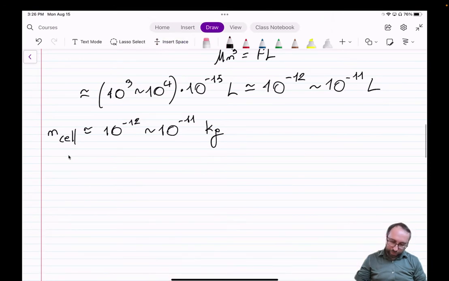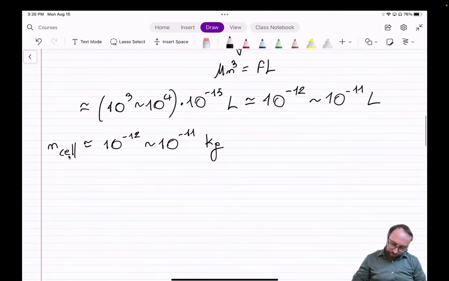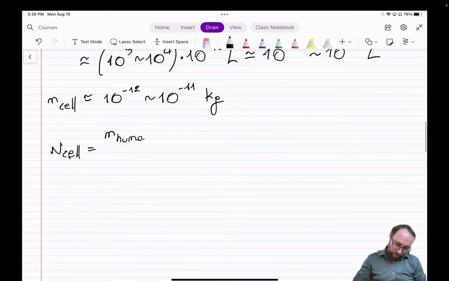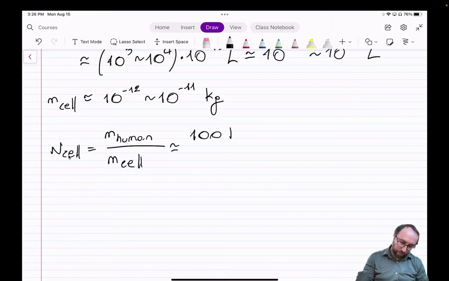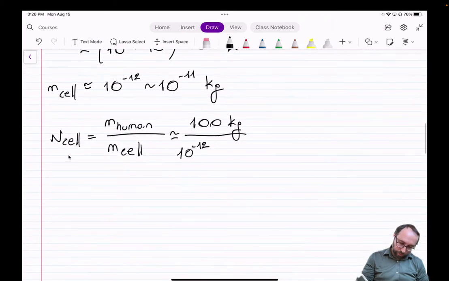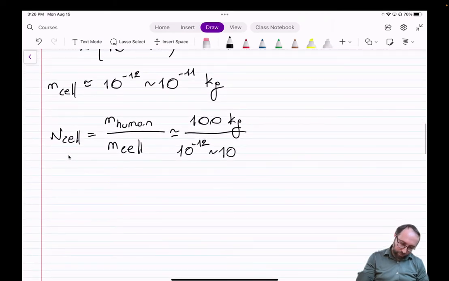So this means that the number of cells is going to be the weight of a human divided by the mass of a single cell. So this is about 100 kilograms divided by 10 to the minus 12, 10 to the minus 11 kilograms.